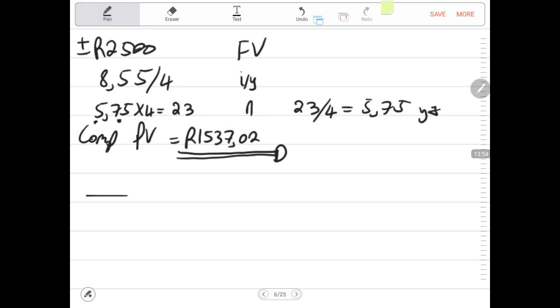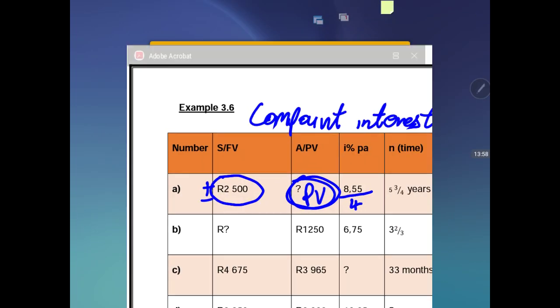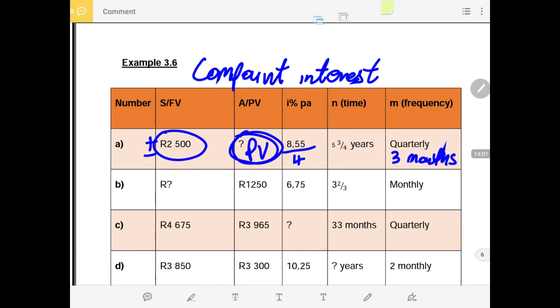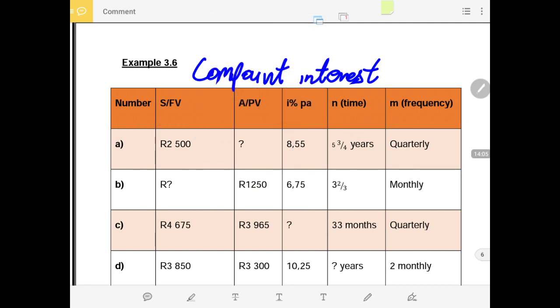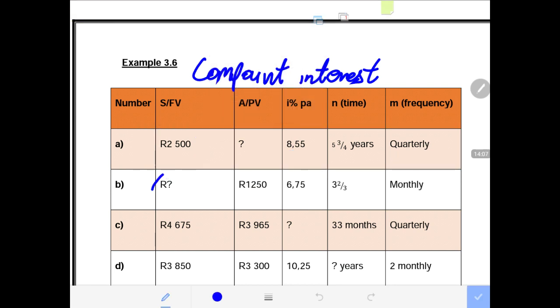We go to number B, and we see that in number B, we don't have the future value. That means obviously we are looking for the future value, because sum accumulated, which is S, is the future value that we're looking for.